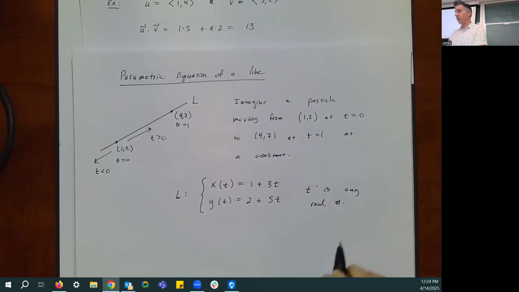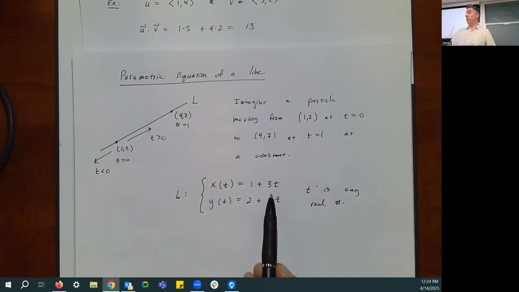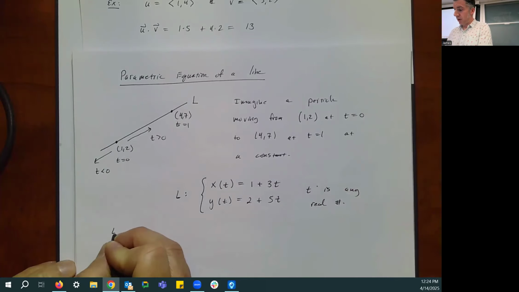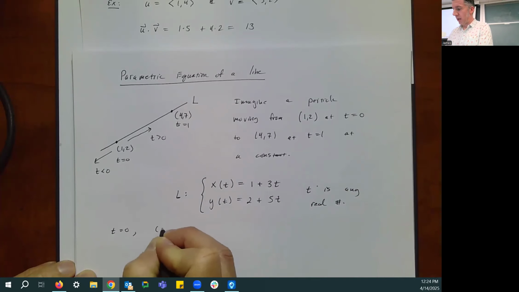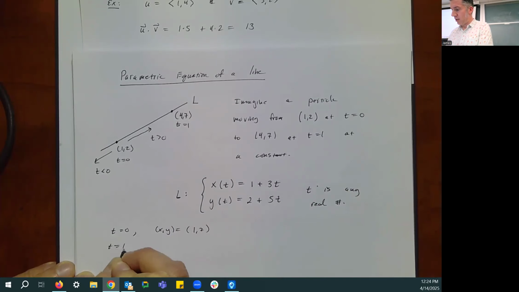We're just saying, if you start at time equals 0, the x, y coordinate is (1, 2). So at t equals 0, we get x, y equal to (1, 2). If t is equal to 1, we get x, y equal to 1 plus 3 is 4, 2 plus 5 is 7.